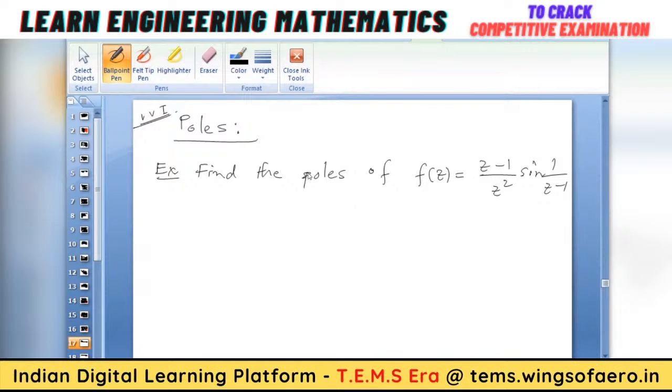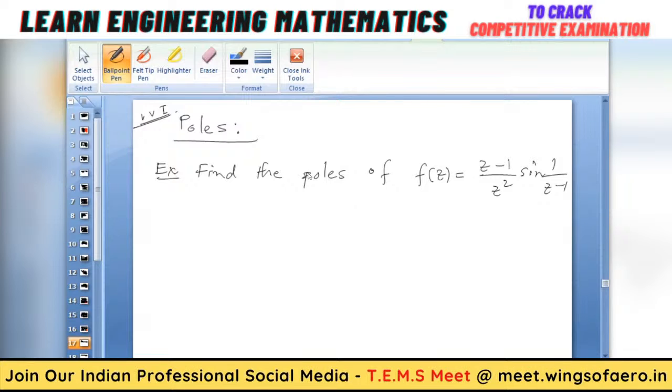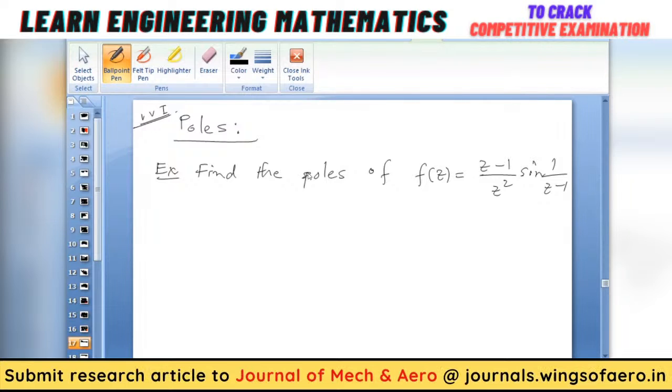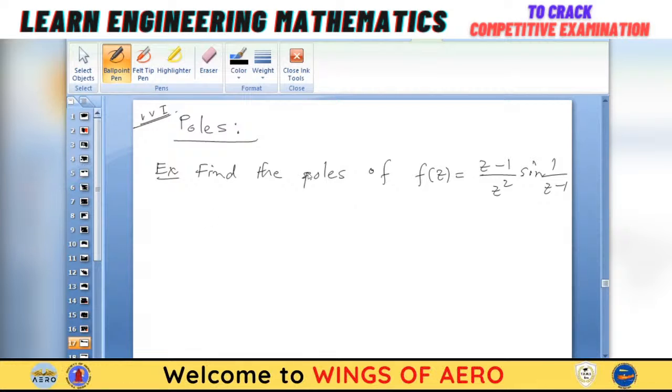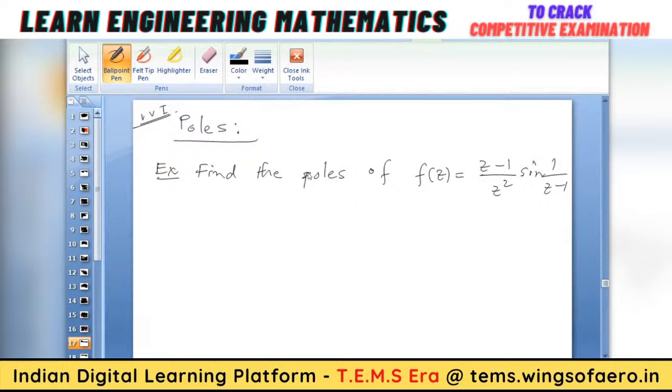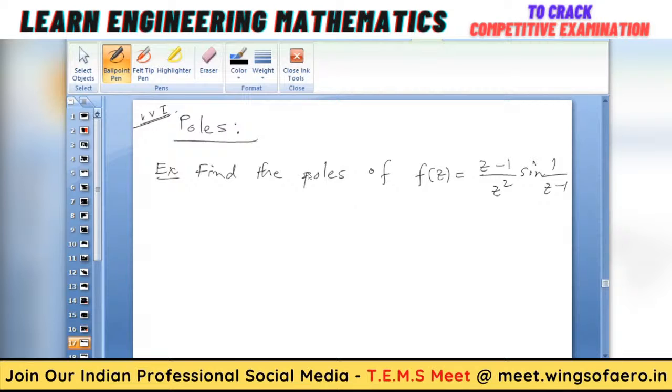There are many ways to solve it, but I will teach you only one way by which you can solve any type of complex integration problem, which is the residue theorem. If I use this theorem, then finding the poles of a function and the residue of a function, everything will be covered. So that is why I start with the poles.